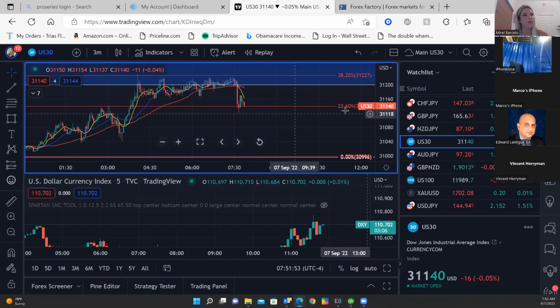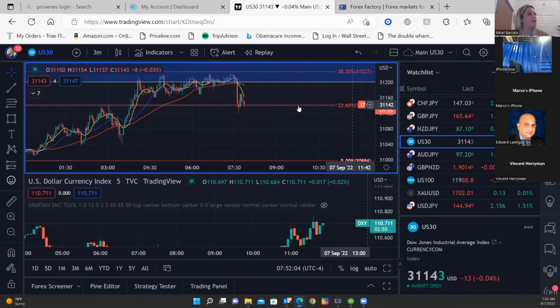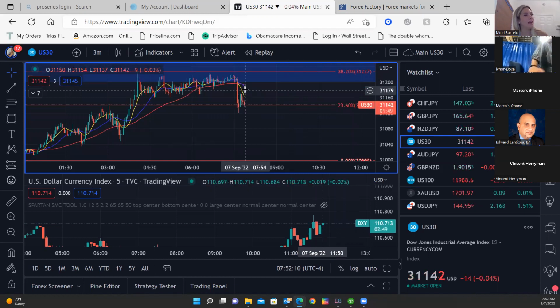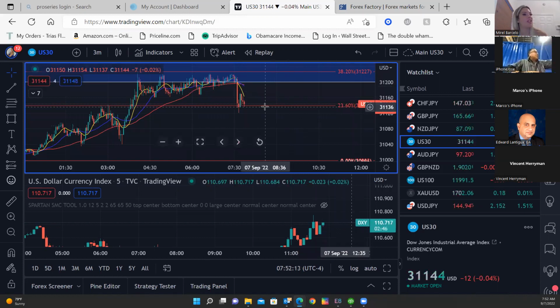Sometimes there's a spread of a few points. So even though you see 142 on TradingView, your broker might say 145. FYI. So she's still reacting to the 23, but these MAs are still indicating that she may go down.